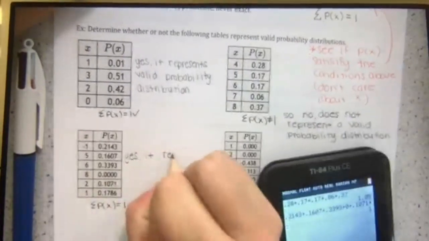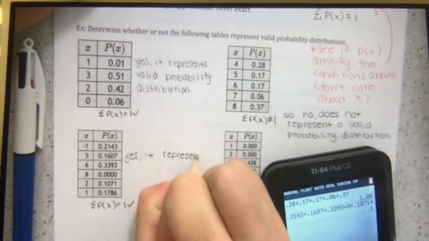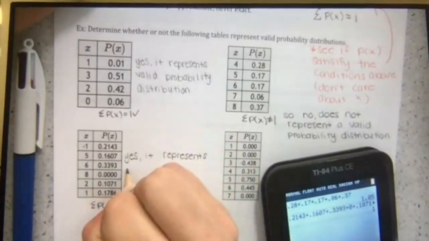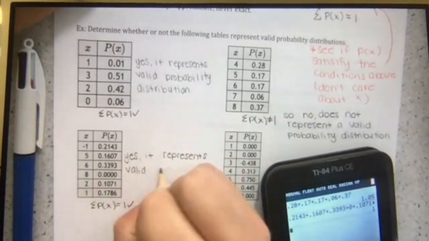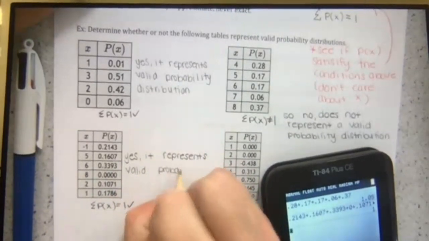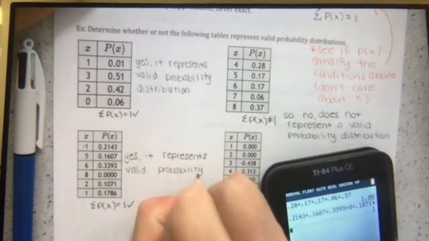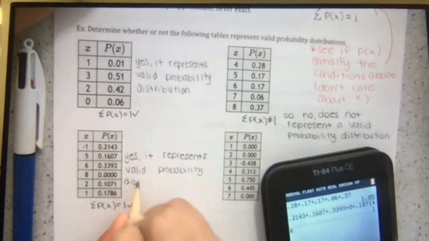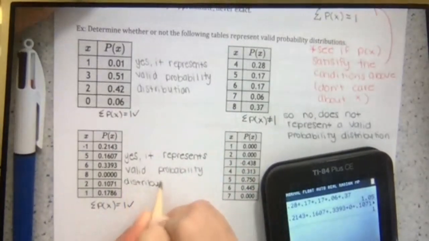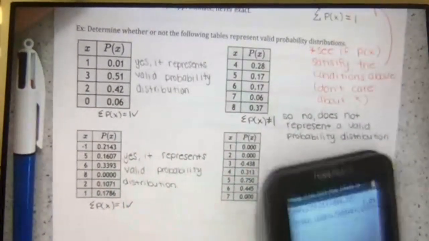So yes, it represents a valid probability distribution. So that one's good.